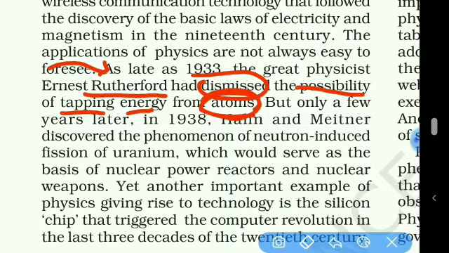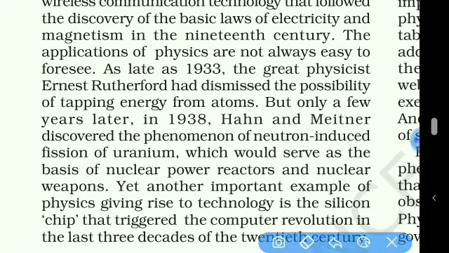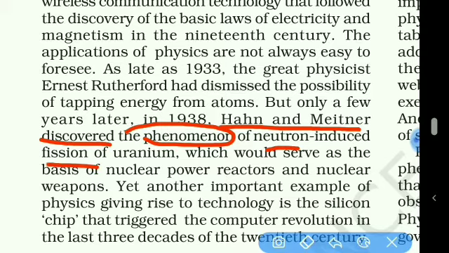But after a few years, Hahn and Meitner discovered the phenomenon in which the nuclear fission process takes place in uranium, and from this process lots of energy is released.